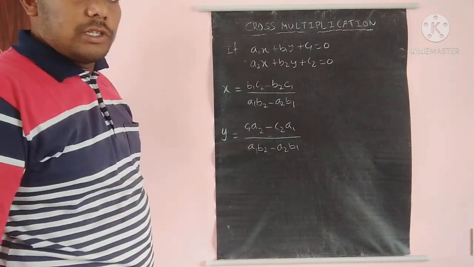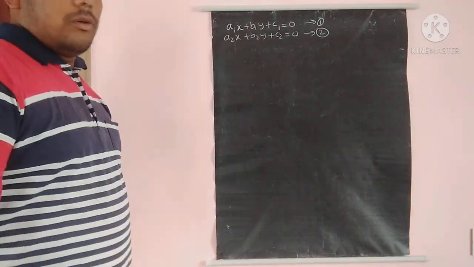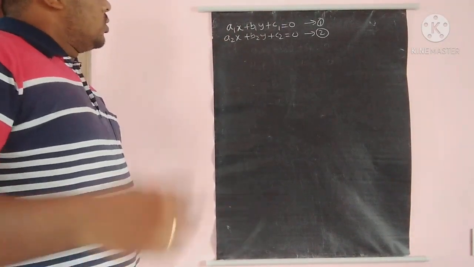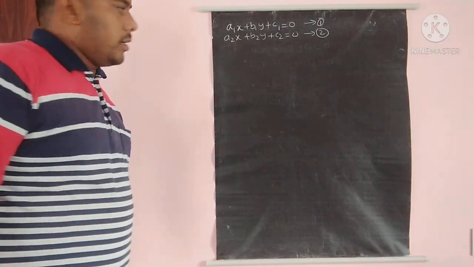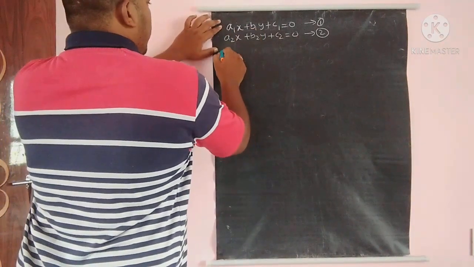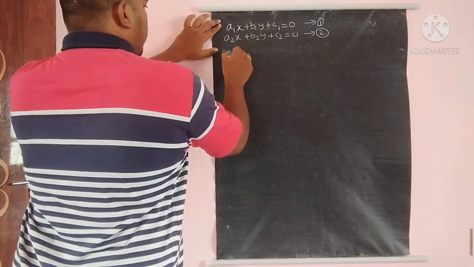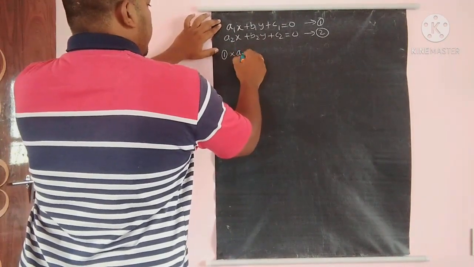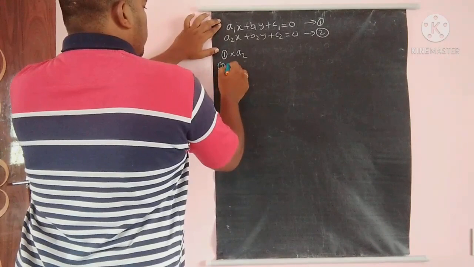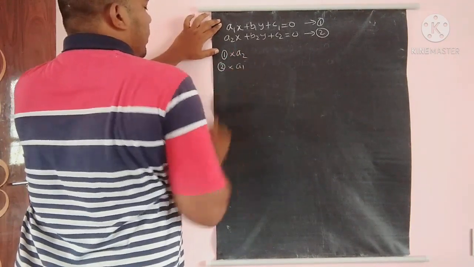I will explain the proof also. So now this is the given equations. So I'll use here elimination method. See, multiplying equation 1 with a2, equation 2 with a1.